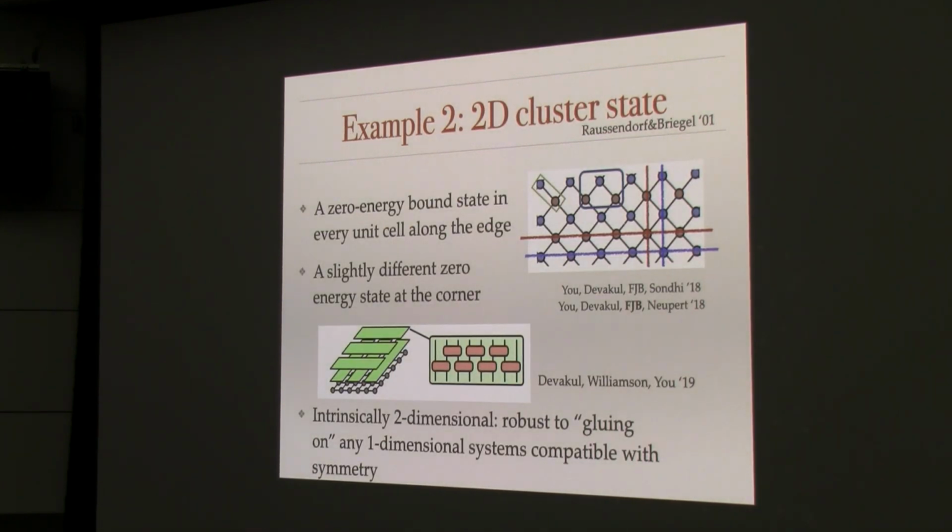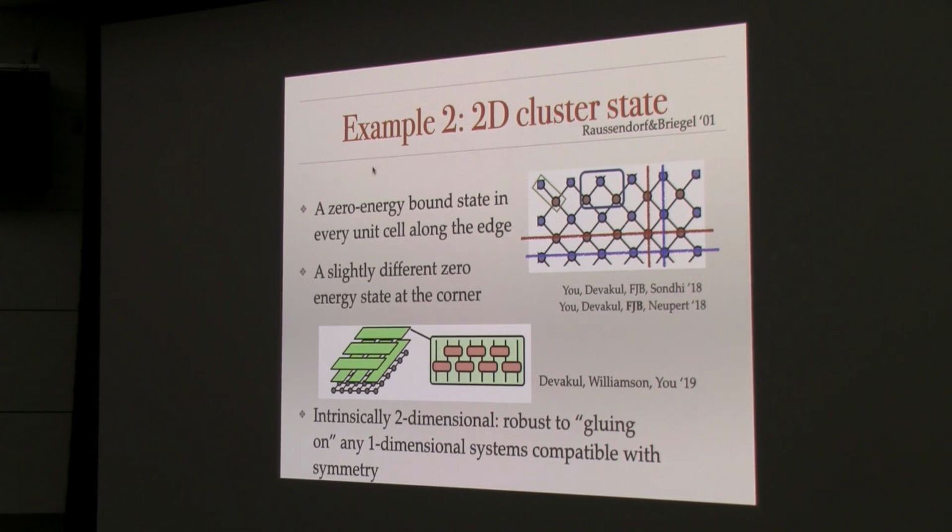A second example is what we call the two-dimensional cluster state. And in this system, I have two different kinds of subsystem symmetries, blue lines and red lines, and they have different kinds of charges.